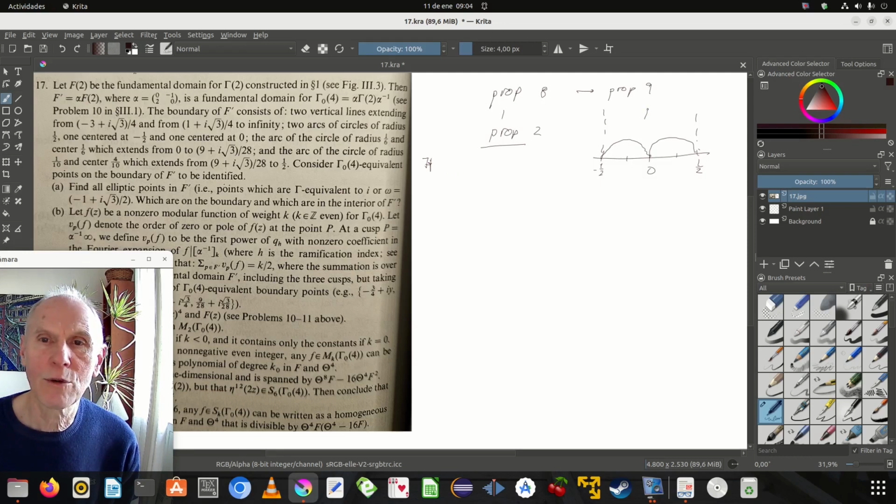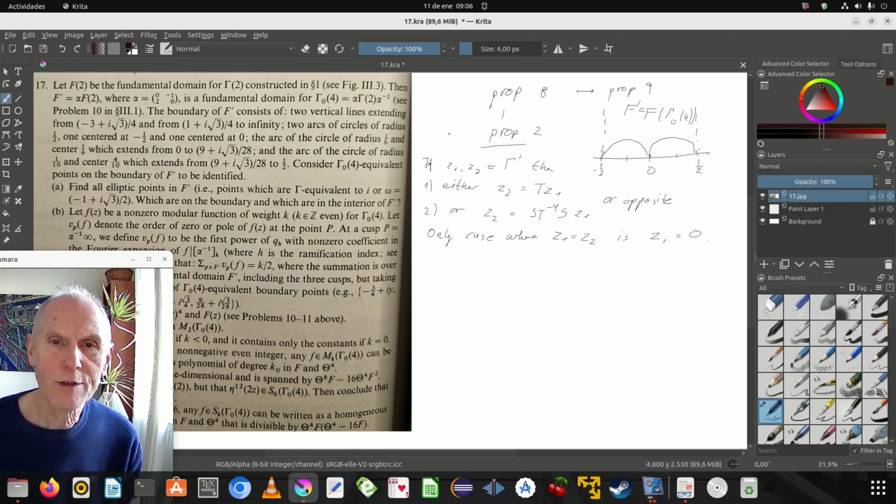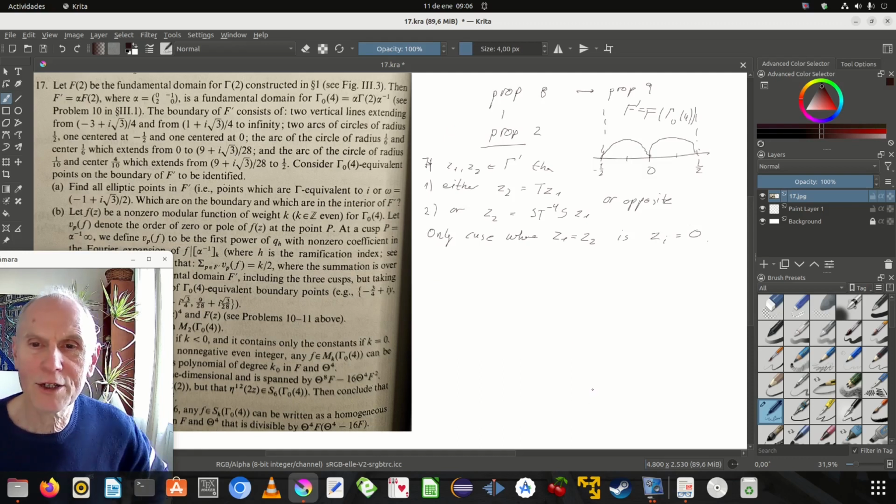Now this is called F of gamma naught of 4, and we'll call it F mark, or the opposite. And then that this is mapped to this. So that's my analogy to proposition 2.